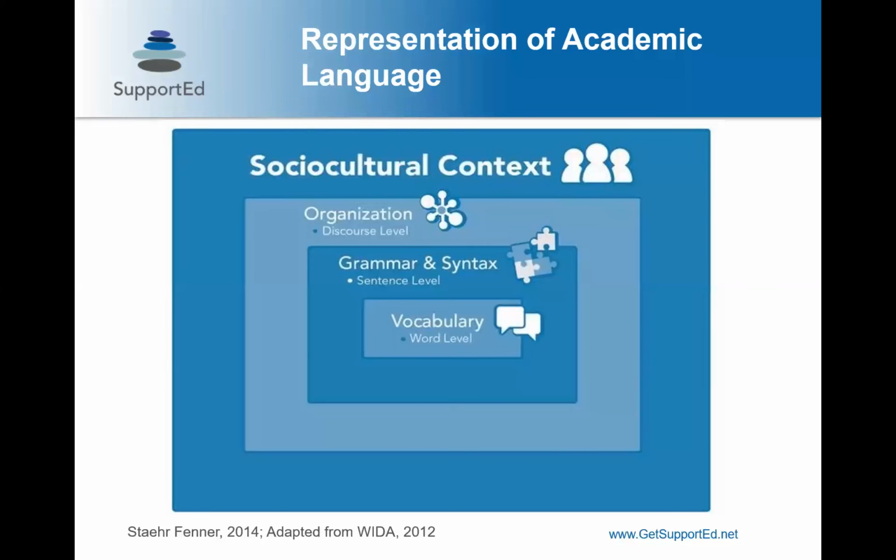And all of this is governed within a socio-cultural context, which affects how we feel, how we interact with others, what we expect our students to say, and what they expect us to say. In addition, it's impacted by cultural backgrounds, both of our students and our own, and the overall context of the classroom.